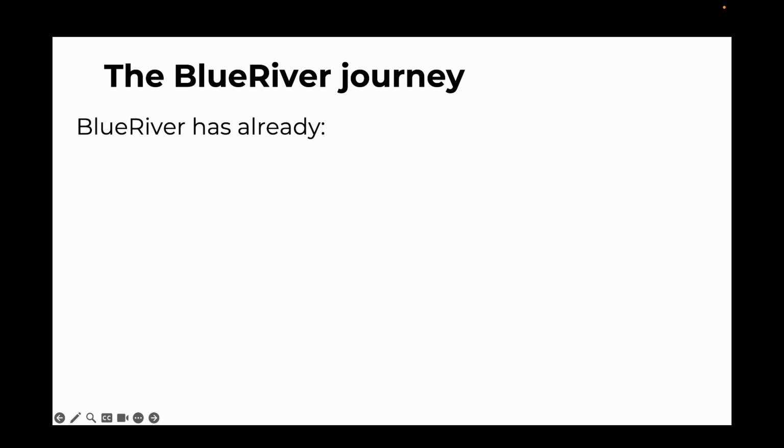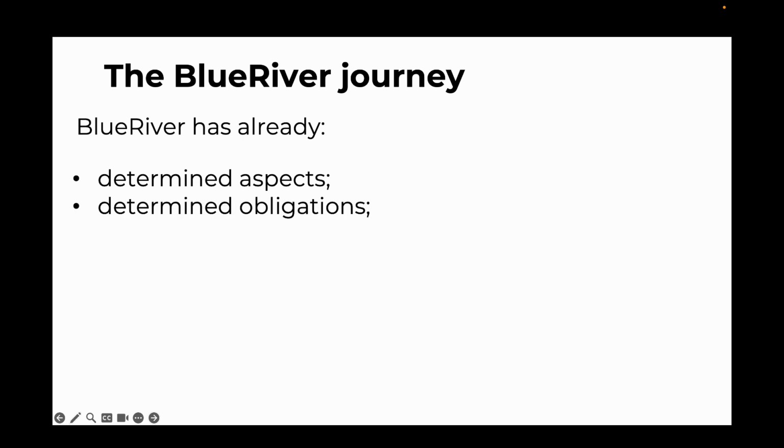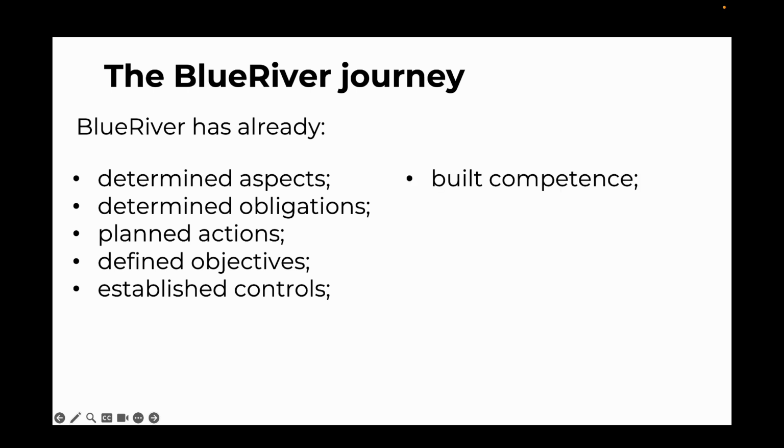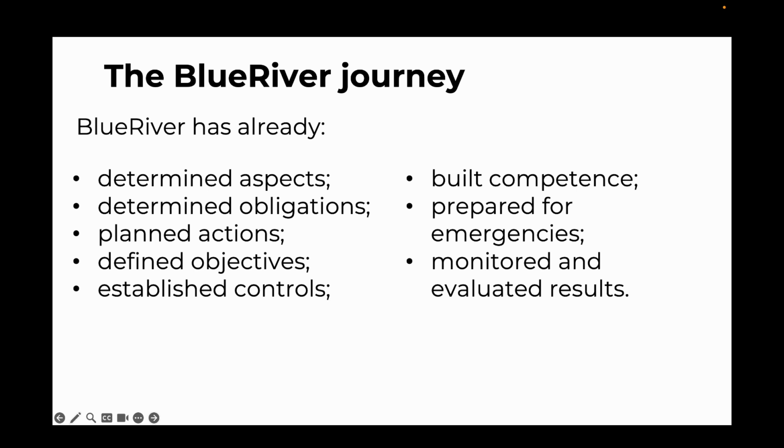So, BlueRiver has already determined water-related aspects, it has determined compliance obligations, it has planned actions, it has defined objectives and indicators, it has established operational controls, it has developed competence and awareness, it has prepared for emergencies, it has monitored, measured, analyzed, and evaluated results.